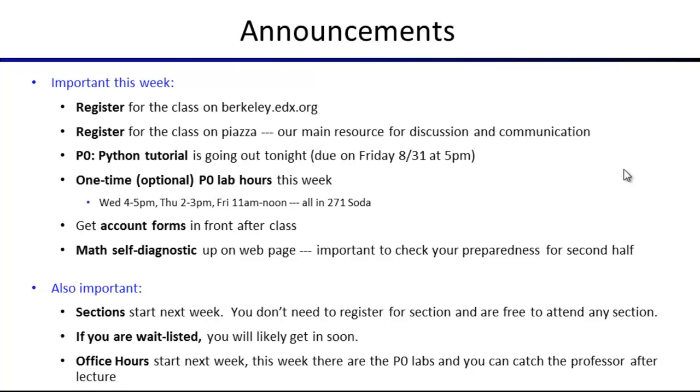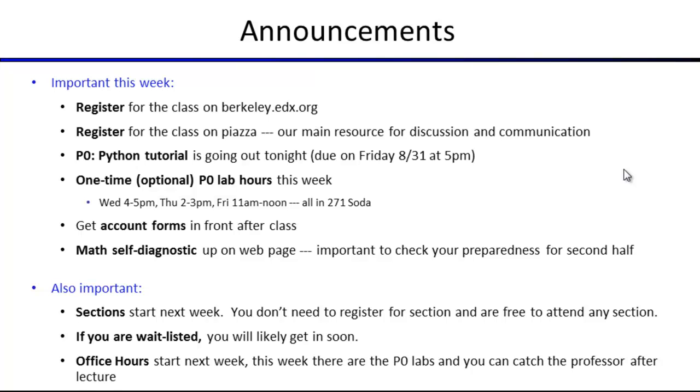There's also a math self-diagnostic. This is actually optional. The reason we do this is because the class is very bipolar in the sense that the first half of the class is very computer science-y. It's what you're mostly used to. It's algorithms, programming. You'll jump right in and be happy. Then right in the middle, we switch to a very mathy part of artificial intelligence.